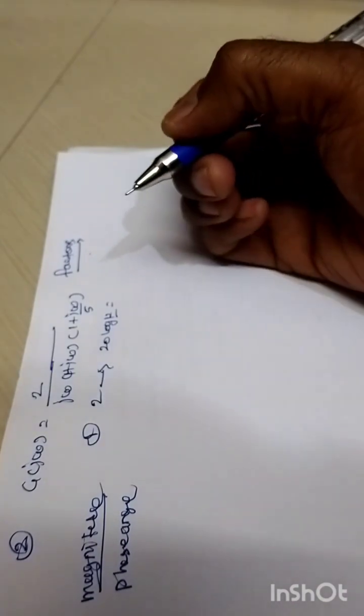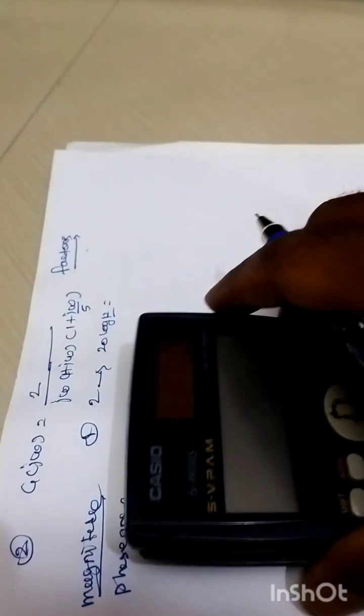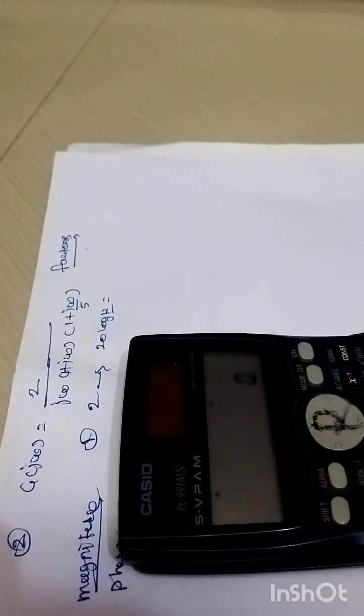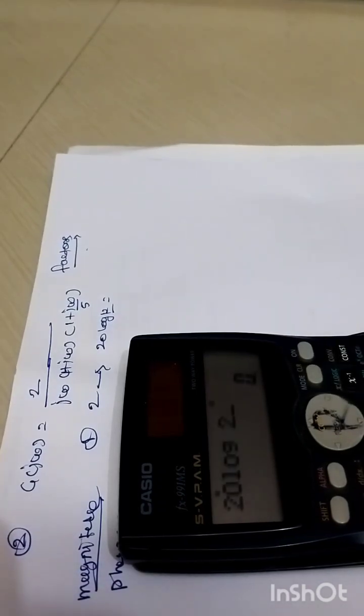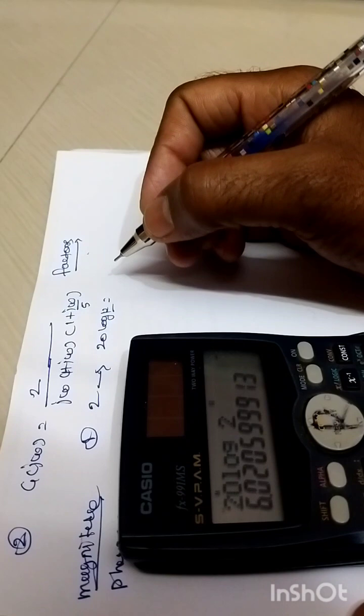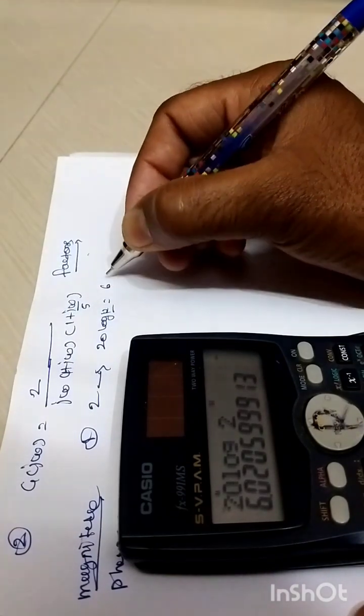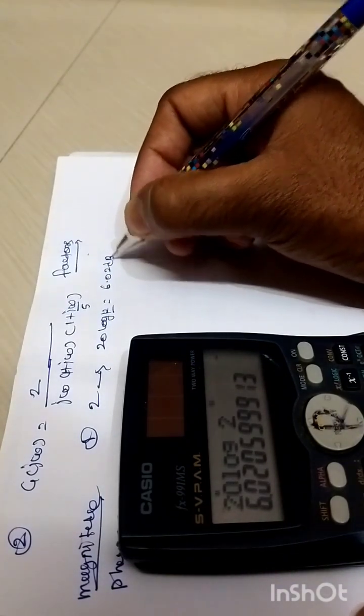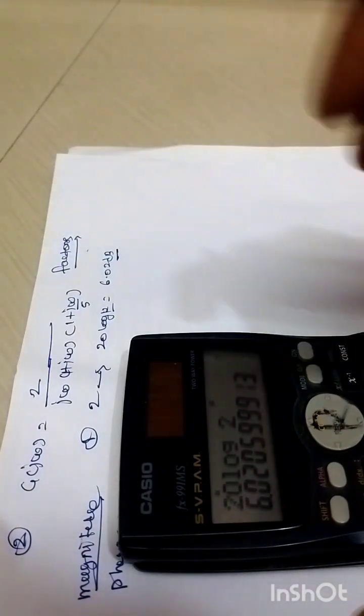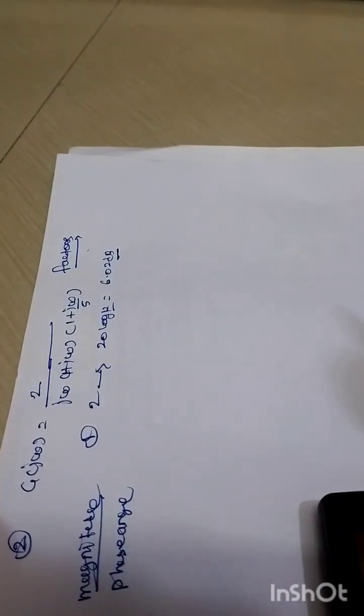When we determine this quantity with the help of the scientific calculator, 20 log 2 is 6.02 decibel. This is the magnitude, in decibel, belonging to the first factor, right?